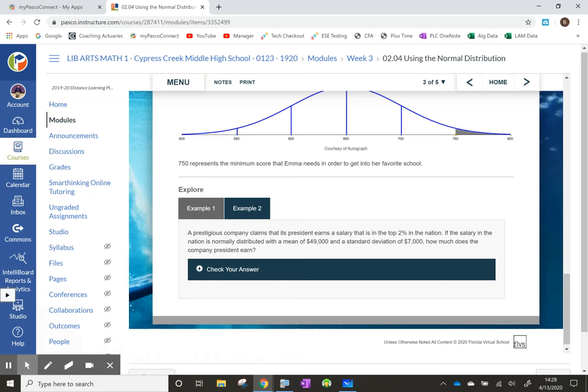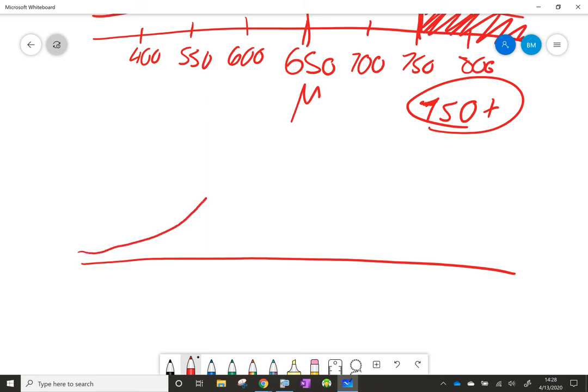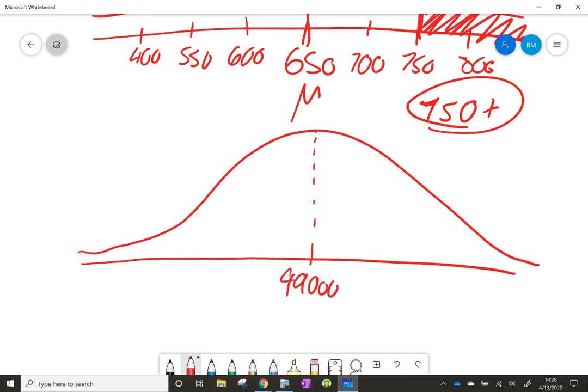So to do this one, let's make our thing again. The mean we know is 49,000. Standard deviation is 7,000. So it's going to be, what's 7,000 more than that? 56,000.